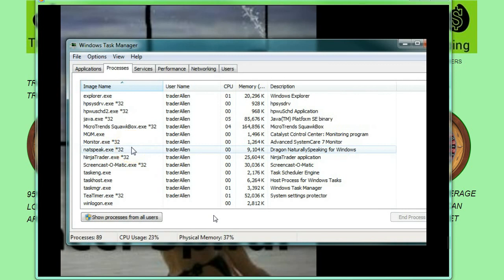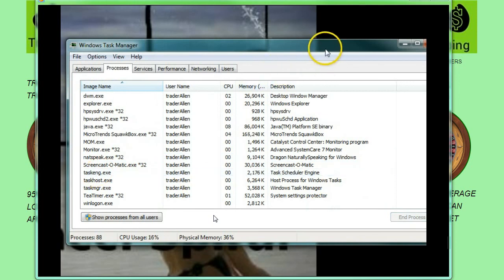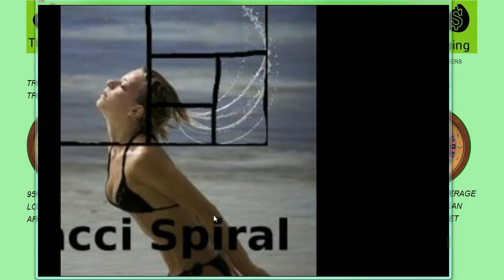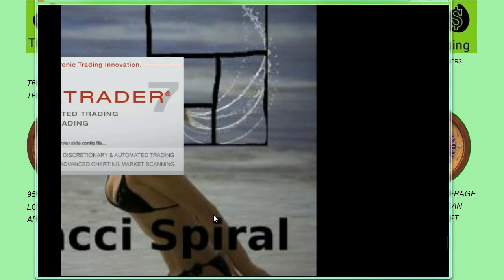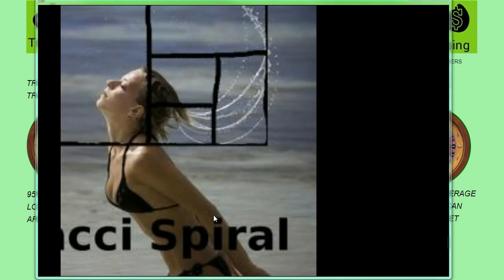Once I get that done, then I'll be able to go ahead and get NinjaTrader to restart again. Should be coming back online here in just a minute.